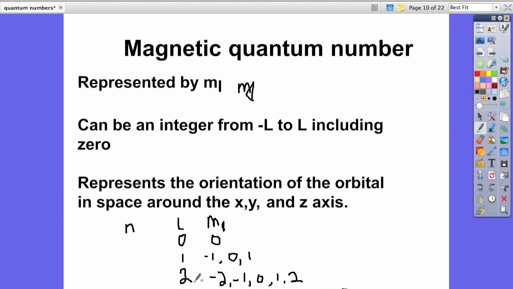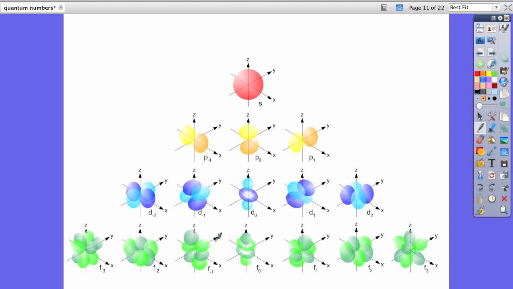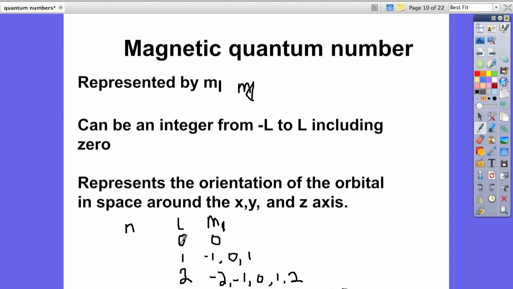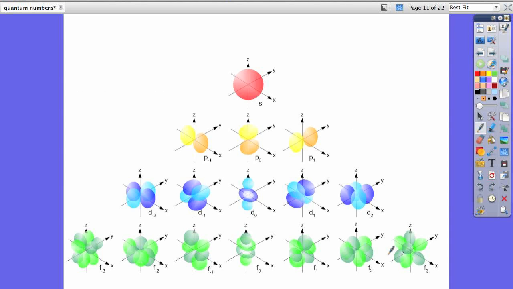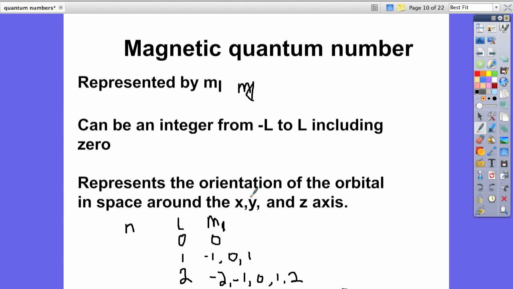If we look at d, or l of 2, we have 1, 2, 3, 4, 5 different orientations around the axis. And then if we look at f, or angular momentum of 3, we have 1, 2, 3, 4, 5, 6, 7 different orientations around the axis. So this is telling you the orientation of the orbital in space around the x, y, or z axis.